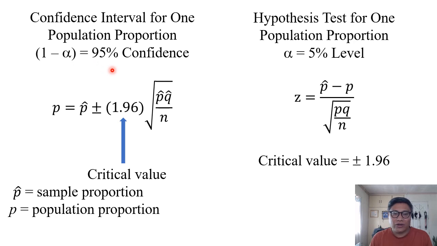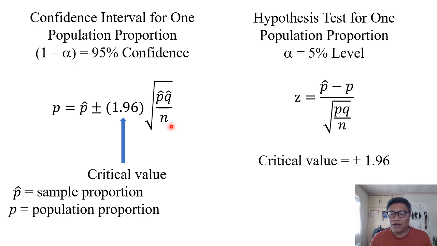So we know that we have the estimator, the sample proportion p hat, then plus and minus our margin of error. Because we want the 95% confidence, we use the critical value of 1.96, multiplied by the standard error of the proportion, wherein this is the sample proportion times its complement divided by your n.